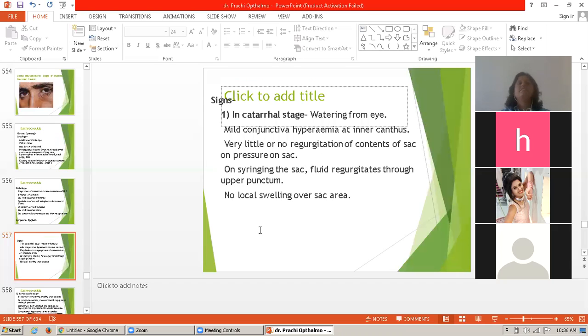And in the signs, we can see in the catarrhal stage that there is watering from the eye with mild conjunctival hyperemia at the inner canthus, with very little or no regurgitation of the content of the sac on pressure on the sac. On syringing the sac, fluid regurgitates through the upper punctum, with no local swelling over the sac area.